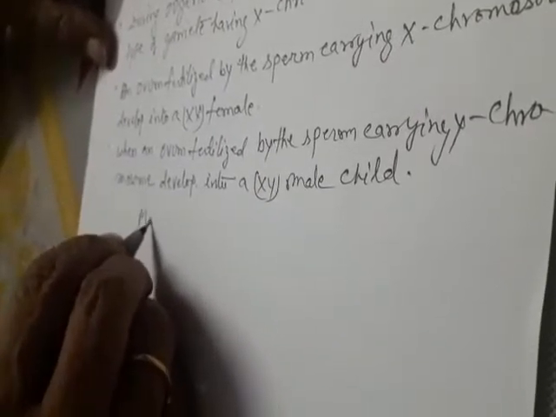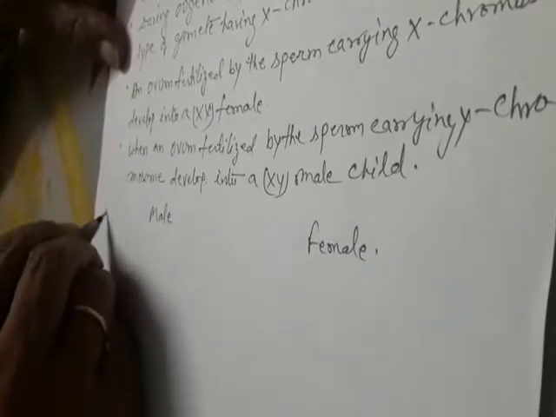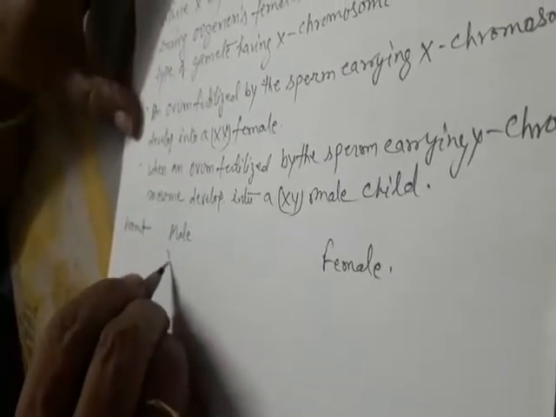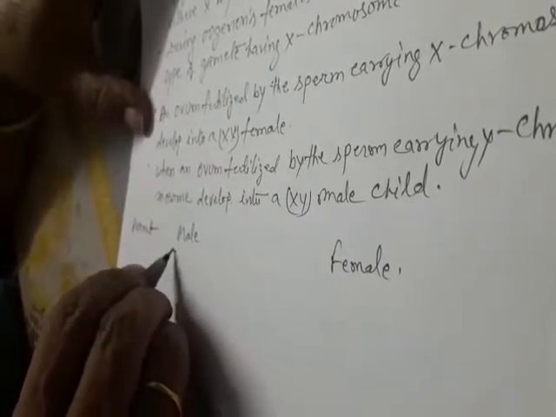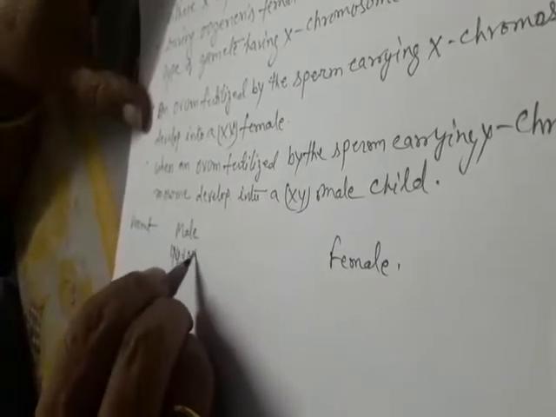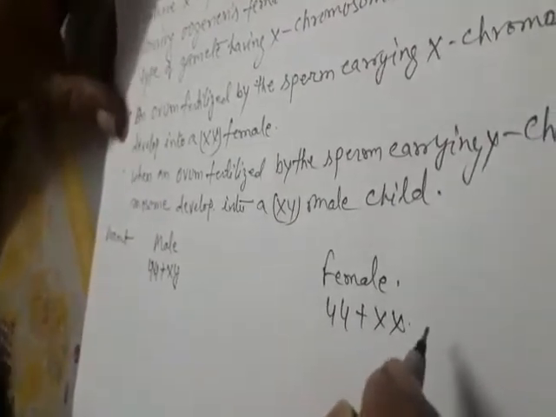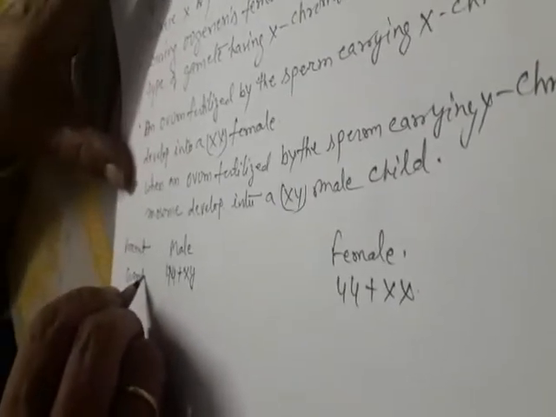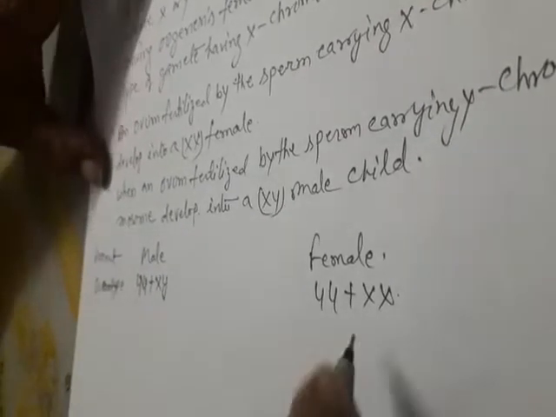Let us see male, female, parent. Male with autosomes 44 plus XY chromosome, female 44 plus XX chromosome. This is the genotype of male and genotype of female.